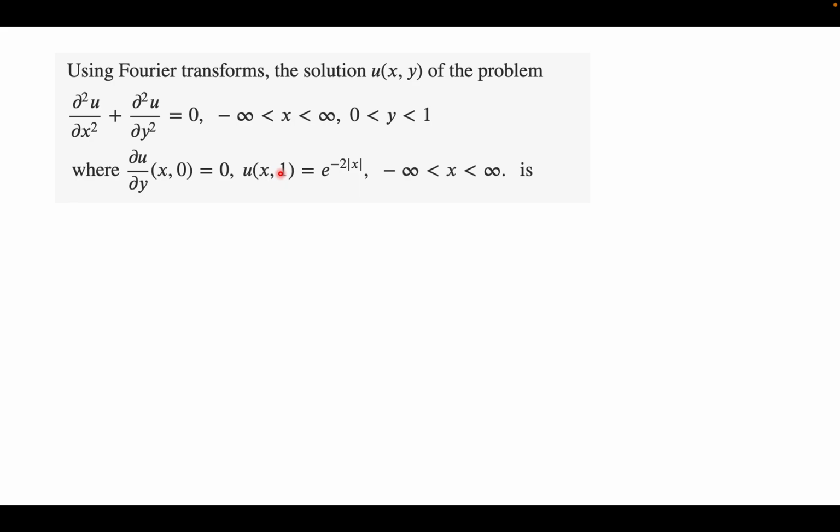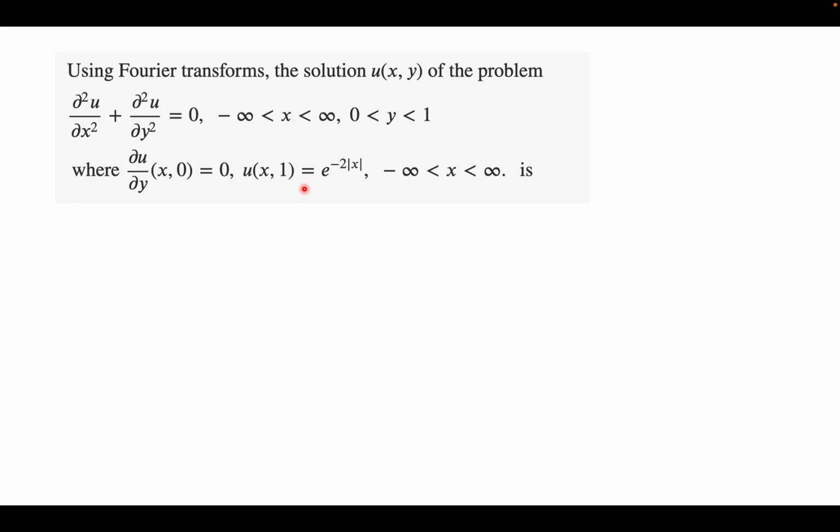So first of all you need to decide in this question what thing you will use. Okay, so looking at this, you see x is varying from minus infinity to infinity, and the interval of y is bounded. So as x is from minus infinity to infinity, you need to use the normal Fourier transform here. And which variable will you use?